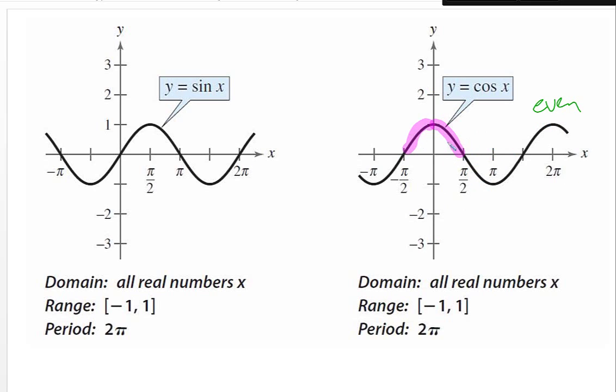Now, sine is symmetrical to the line y equals x, so sine is considered an odd function. That's the reason behind why these functions are even or odd.